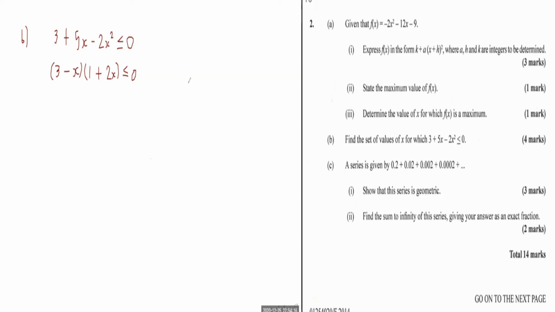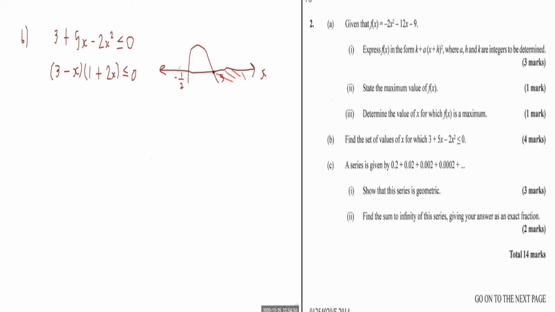It's always good to sketch a graph to see what we have. So the graph is asking us now, so this is your x-axis. The roots of this equation would be x is 3 and x is, this looks like minus a half. And they want the portion of the graph that is less than or equal to 0. Less than or equal to 0 is down here.